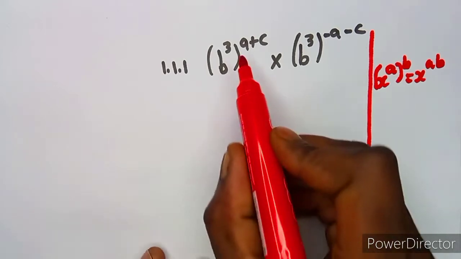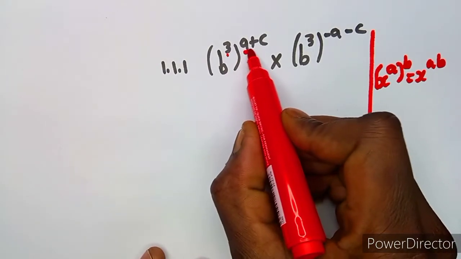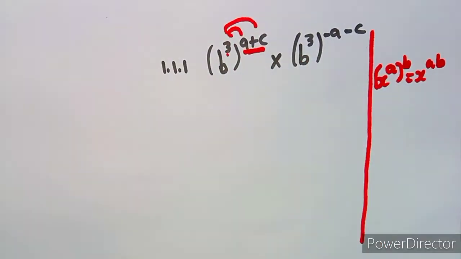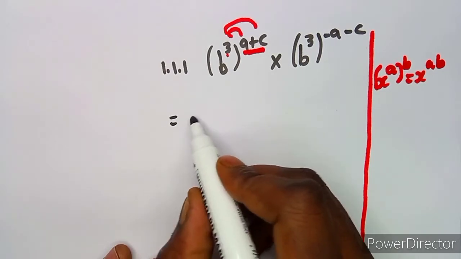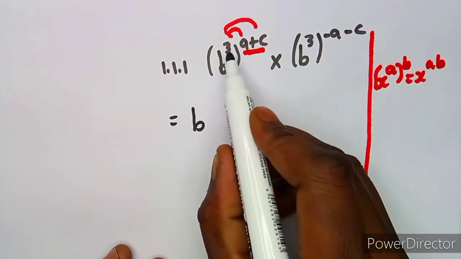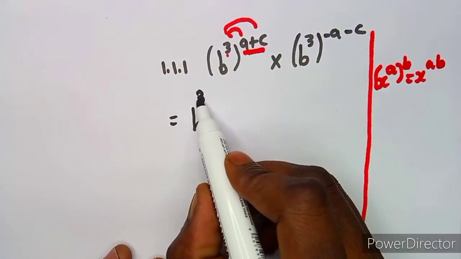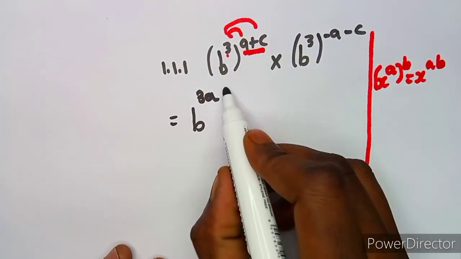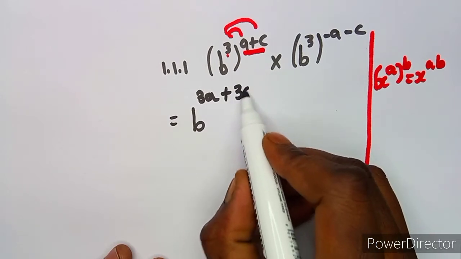So that is the condition, because this 3 is an exponent, a plus c is an exponent, so 3 is going to multiply every term there. Okay, so let's see what you're going to have. It's going to be b to the exponent of 3 times a, which is 3a, like this. 3 times plus c, which is plus 3c, like this.